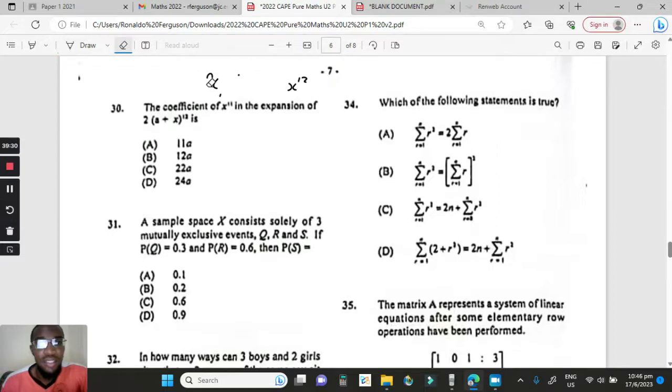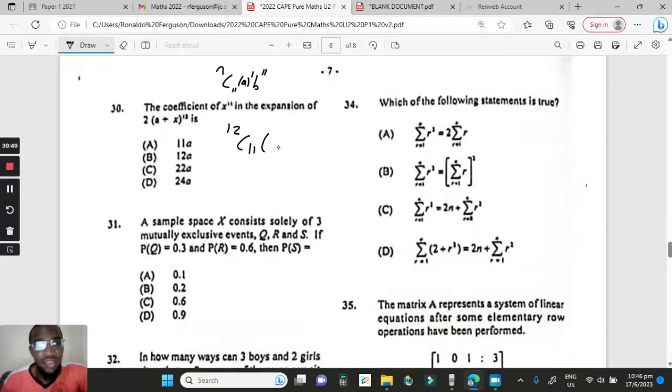But that's actually not what we want. We want n choose all the way down. We need this one to be n choose 11, a to the 1, b to the 11. This will give us what we want. So in this case, n is 12, so it's 12 choose 11.